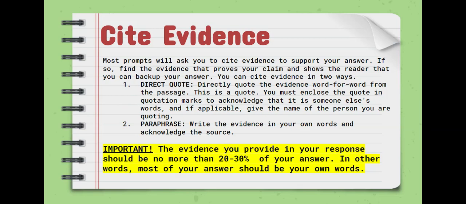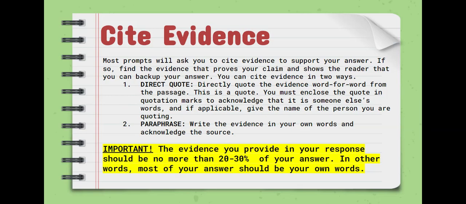You can cite evidence in 2 ways. One, you can do a direct quote. So directly quote the evidence word for word from the passage. That is what a quote is. You might be familiar with quotes from some of the warm-up questions we've had. You must enclose the quote in quotation marks.